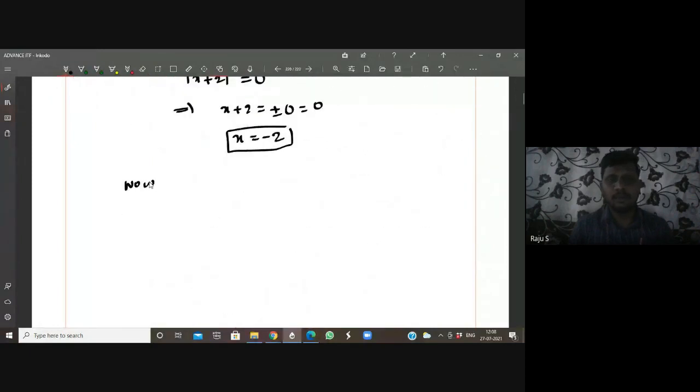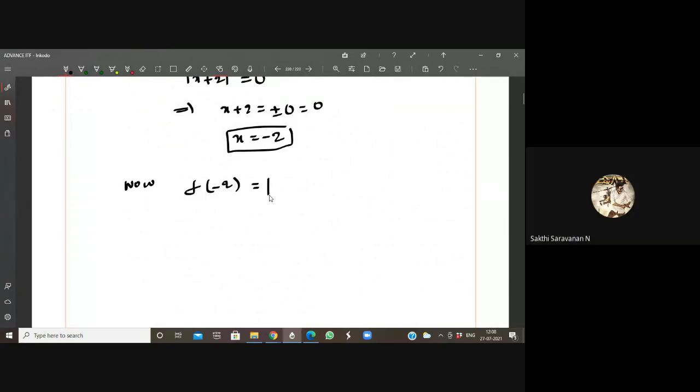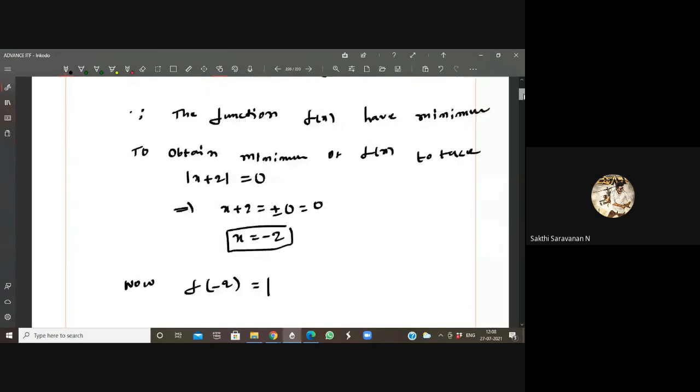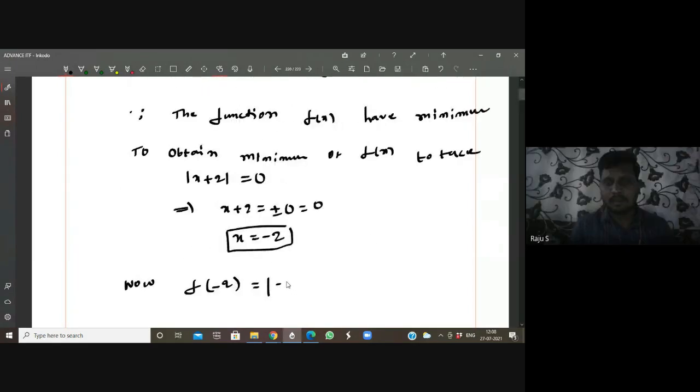Now we have to find f of minus 2. That is modulus of minus 2 plus 2, minus 1, which equals 0 minus 1. So f of minus 2 is minus 1. This is the minimum value.